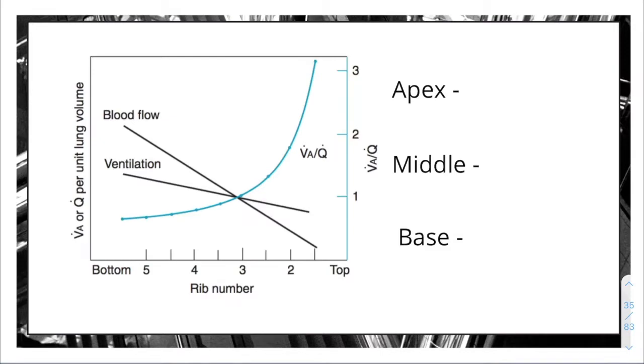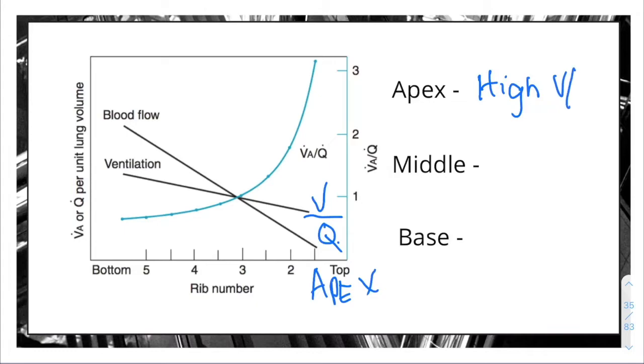So at the apex, what can you say about your ventilation and perfusion ratio? Ventilation is greater than perfusion. So at the apex, you have a high VQ.